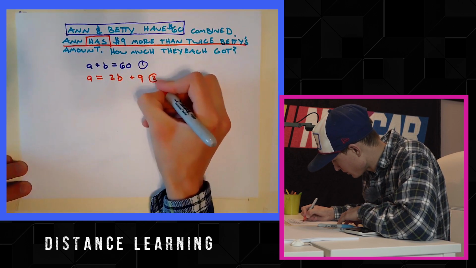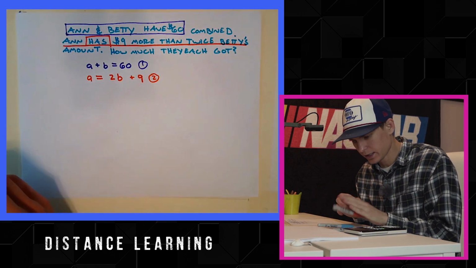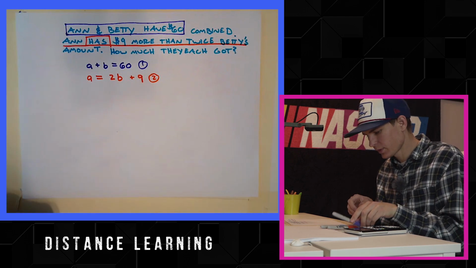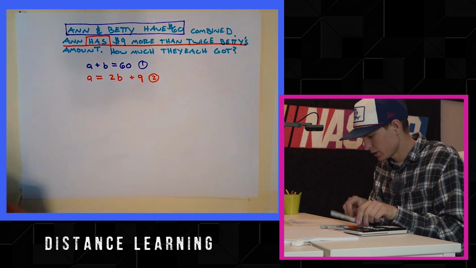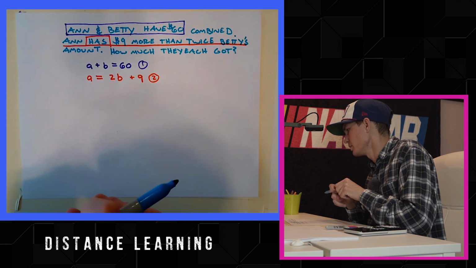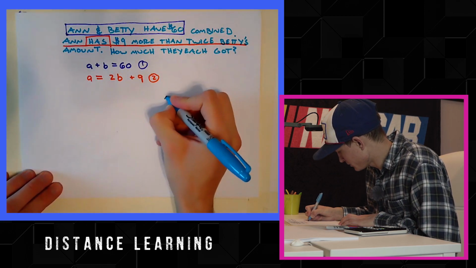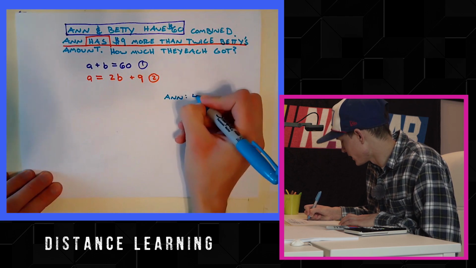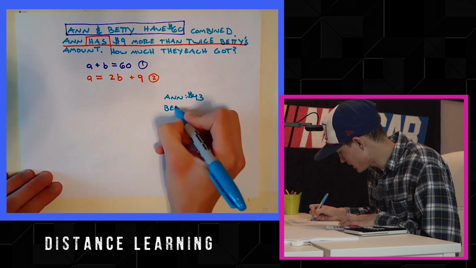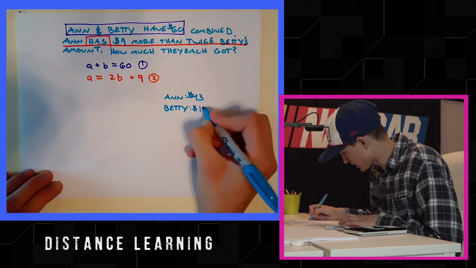That's your equation 2. I'm going to leave it up to you to solve this one. It's in your book if you're in my class. If you want to know the answer, Anne will have $43, and Betty will have $17.